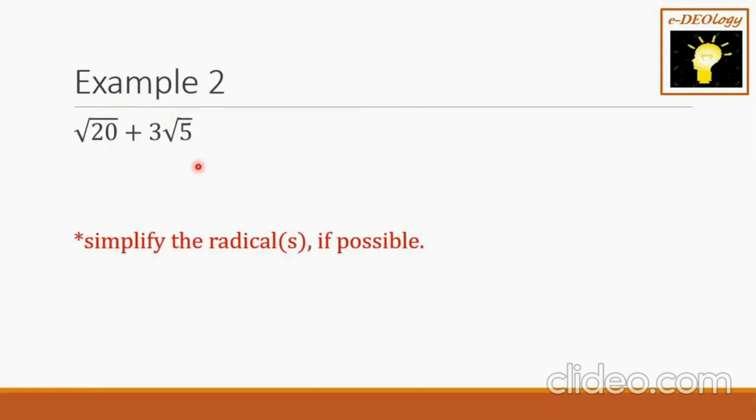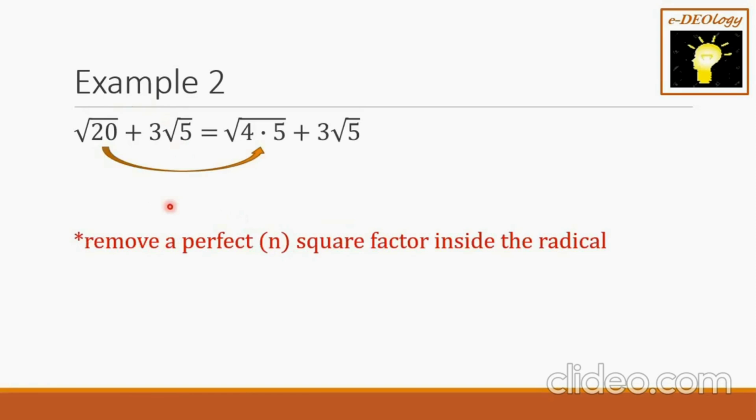What we will do is simplify the radical if possible. It means in the first radical here, we're going to remove a perfect square factor. Then later on, in the simplified form, we will check again if the square root of 20 becomes like the other radical.